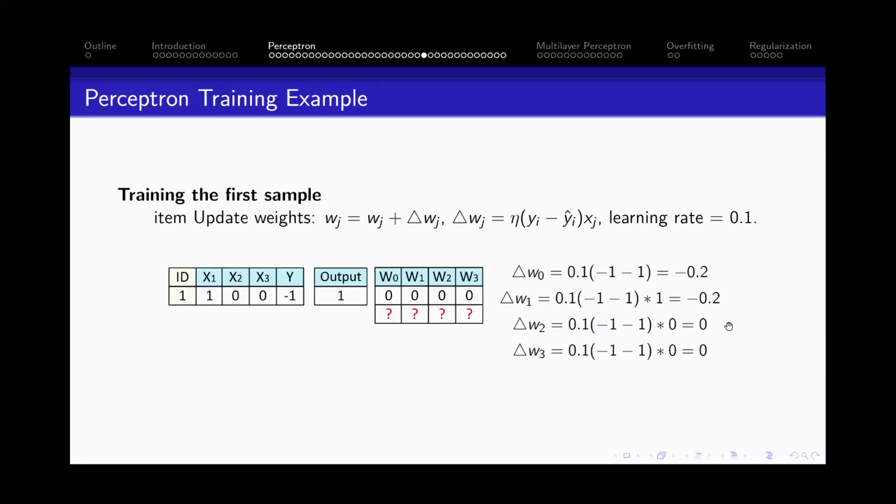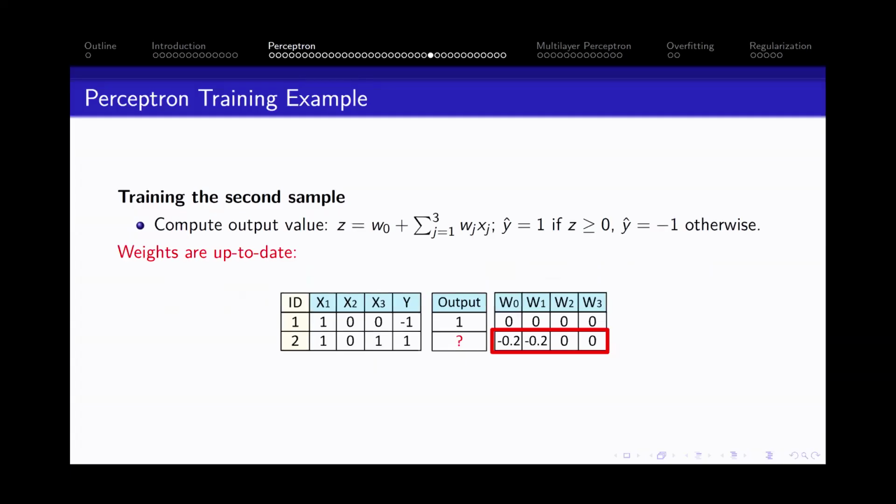So for each input, you can update the weights in this way with this updating rule. And if you do that, you fill the table and update the weights. So you can see right now the weights are updated to -0.2, -0.2, compared to the initial guess of 0. So with that, you can recalculate Z.